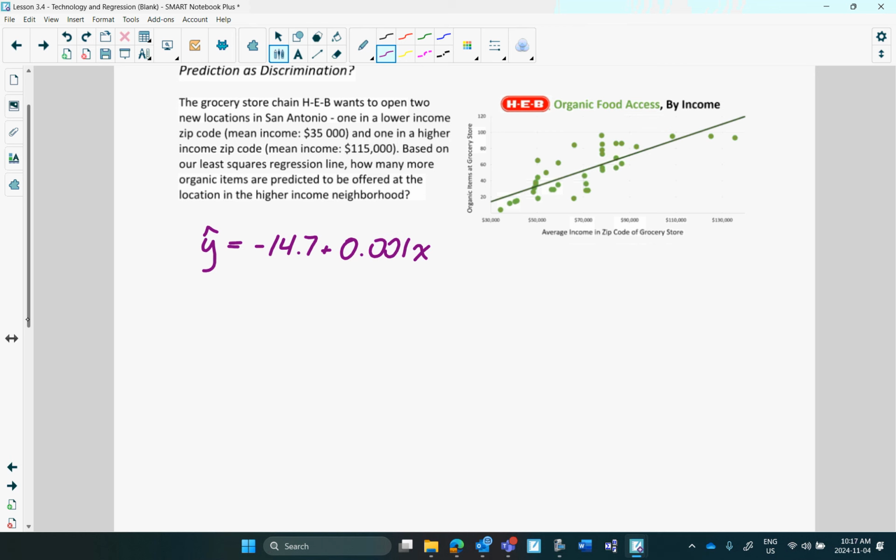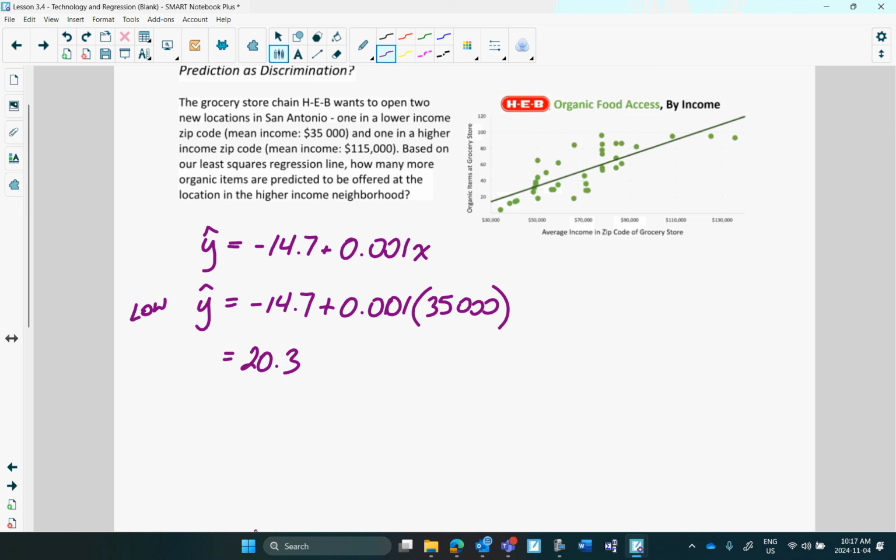So for the low, y hat is going to be negative 14.7 plus 0.001 times the mean income in that area. And then we calculate that. It's 20.3 items, or 20 items is fine too.